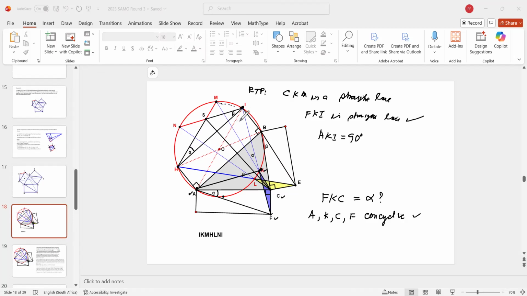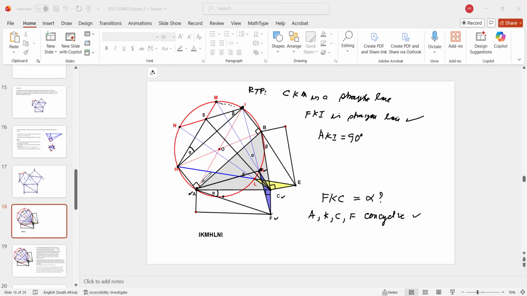Okay? So we worked backwards now. If you want to prove it in a proper way, you'll start like this. I'm not writing it down, so listen carefully. You'll say AI is the diameter of the circle which we have drawn. The reason is it subtends 90 degrees at the circumference. It subtends this right angle.